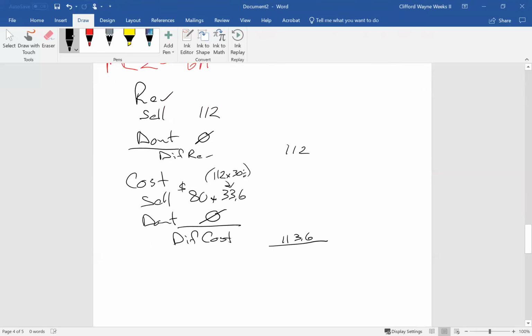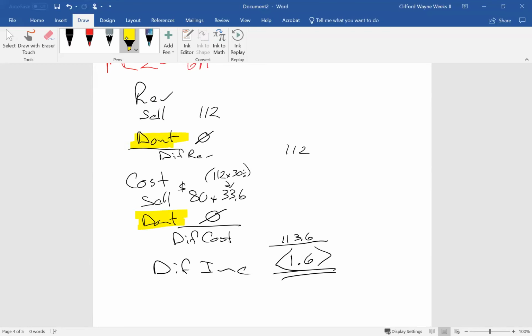And so we end up with a $1. What is that? Differential income of a negative $1.06. And so in this scenario, we would choose don't do it.